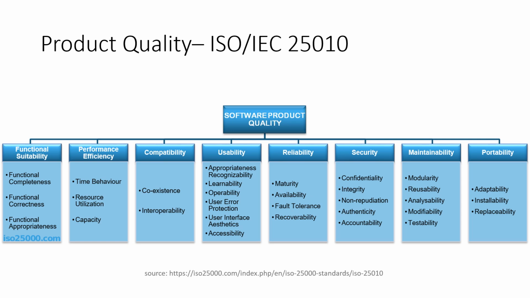This model was defined by ISO, but there are other models, for example from Microsoft, and different projects or teams can prioritize product quality characteristics according to their context. Also, they might remove some of these. But a solution architect working in a project can keep such a model handy to know or ask the right questions, like what is the performance expectation, etc.